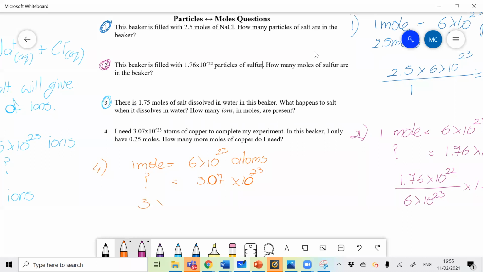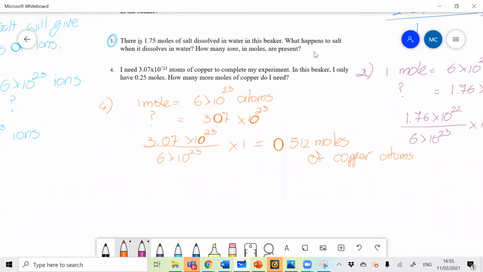And here we have 3.07 times 10 to the 23 divided by 6 times 10 to the 23 times 1, which is equivalent to 0.512 moles of copper atoms.